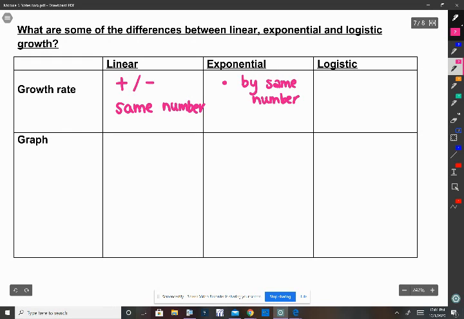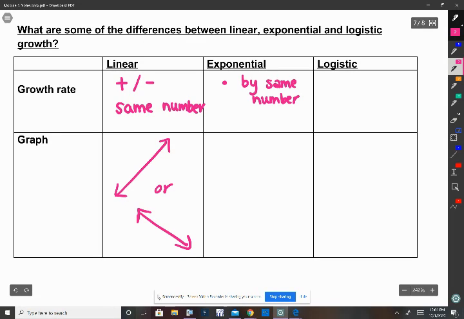Okay, so when we look at linear, the growth rate is adding or subtracting the same number. When you look at the graph, remember that it's a line. It's either a line that's going up or going down, but it's always straight.